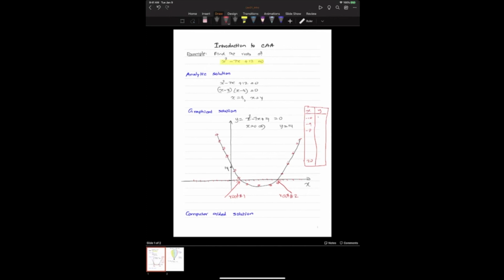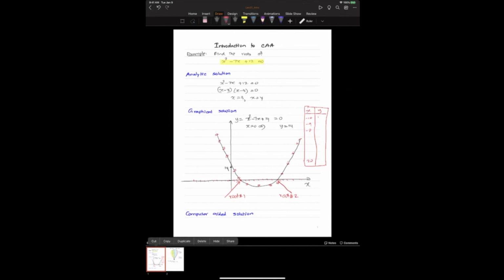Since it is a quadratic equation, we know that it has two roots. If you sketch it to scale, then you find out where it becomes 0 at this point, and we can observe it and tell that is the root.